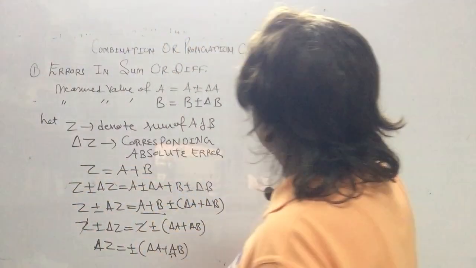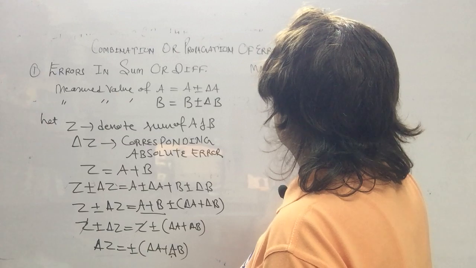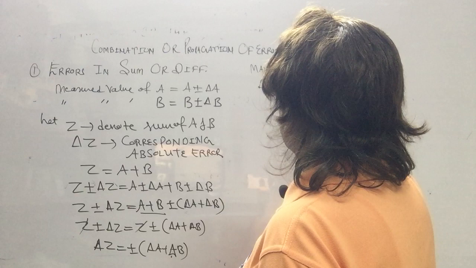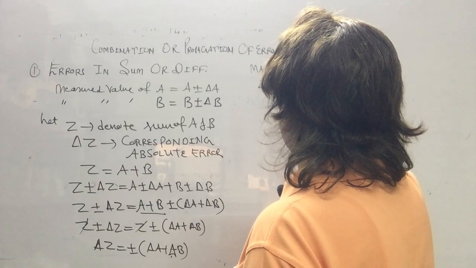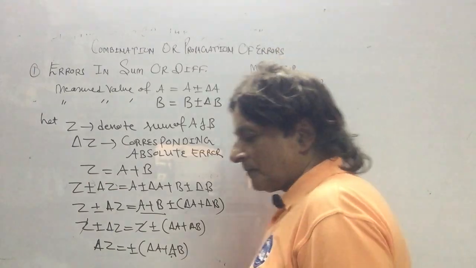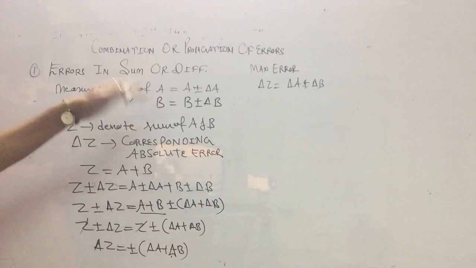Maximum error. तो डेल्टा Z is equal to डेल्टा A प्लस डेल्टा B, that is the maximum error. अब स्टूडेंट्स, इन केस अगर ये Z, A माइनस B डिनोट करता तो भी रिजल्ट यही आता.